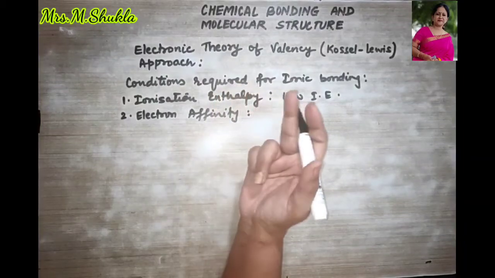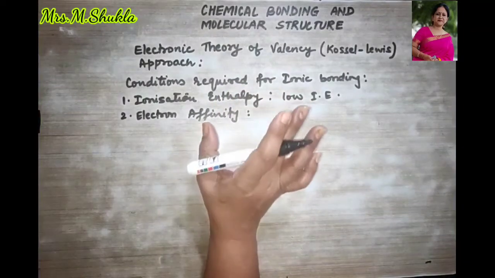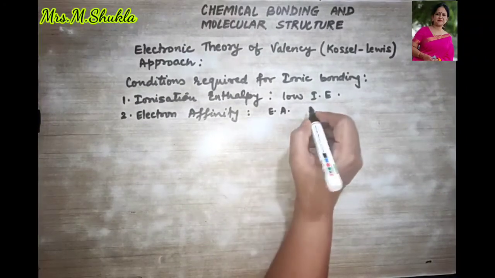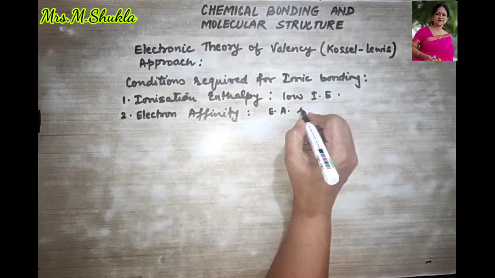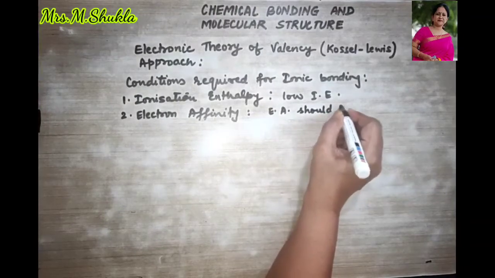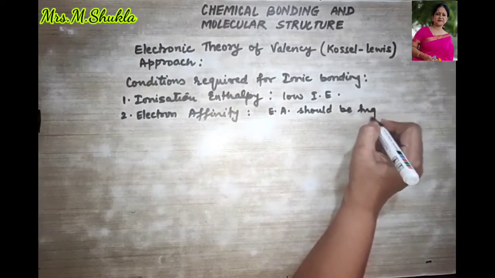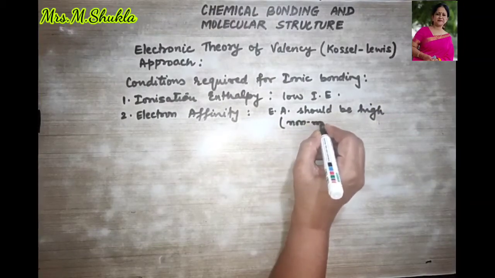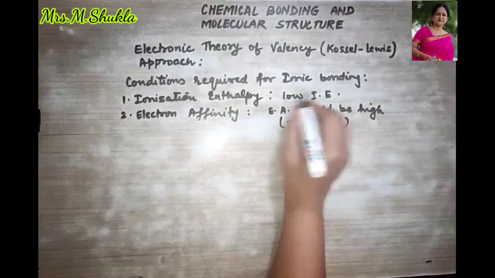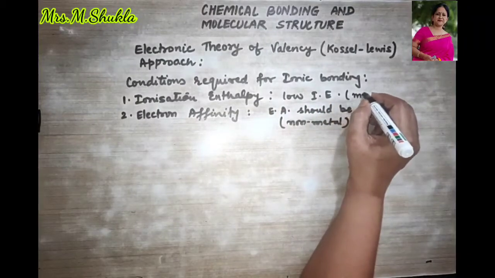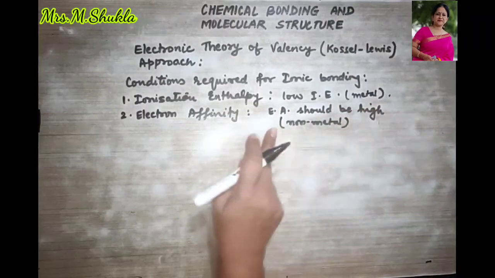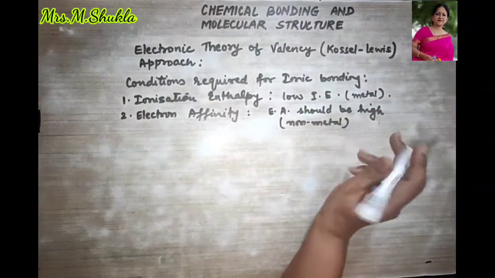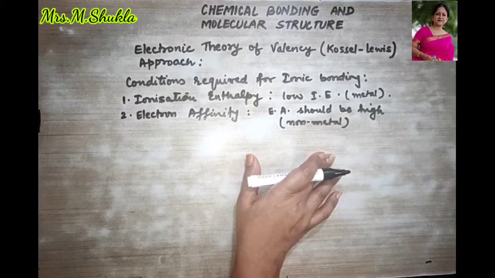That is, it should be electronegative in nature. Clear? So over here, your electron affinity should be high. So if electron affinity is high, we are talking about a non-metal, and if we are talking about low ionization, we are talking about a metal. This is what I had told you, that ionic bonding always takes place between a metal and a non-metal, right?